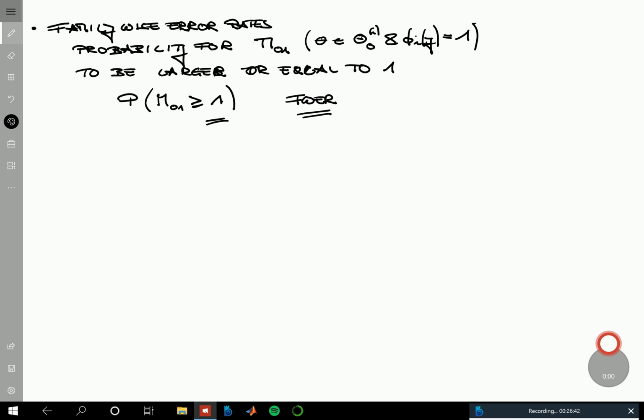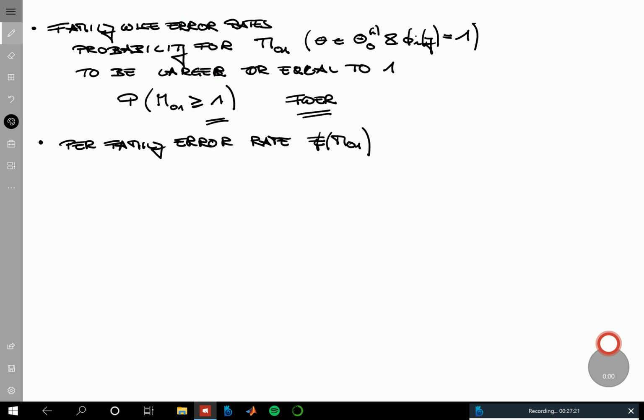We can define other error rates. In the script, I discussed the per family error rate, which is the expectation of M01, which is something different, of course, than the probability of M01 being larger or equal to 1. So per family, that's the expectation of M01.